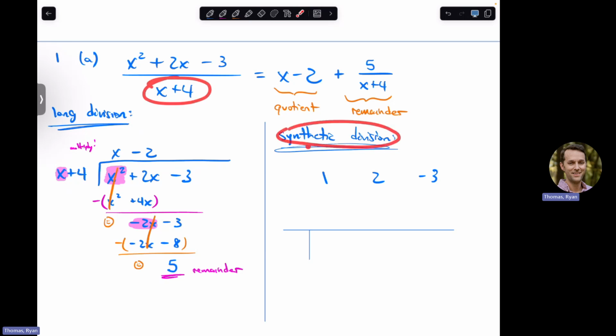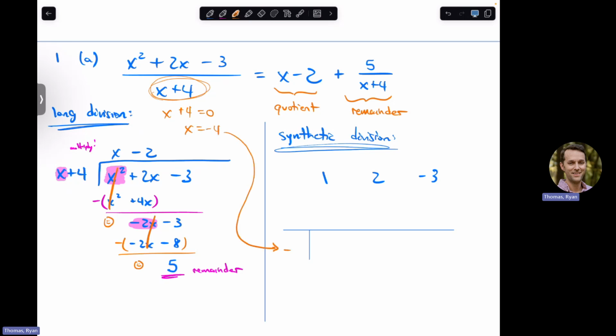Synthetic division only works for linear divisors, so this has to be linear. It's got to look something like x plus 4, x minus 2, or x minus 1, or whatever. Since this is linear, the 0 it corresponds to would be -4, right? If I took x plus 4 and set it equal to 0, I would get -4. That's the thing that goes right here. That's going to act like the divisor, the information that we take from the divisor.